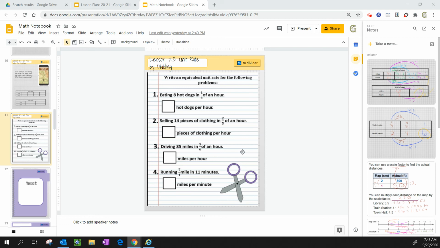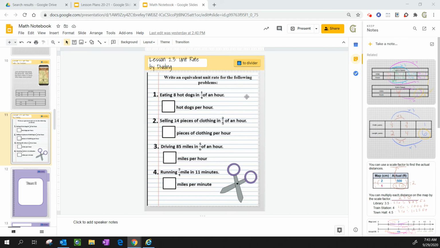Now, when you divide, the key thing you have to be careful of is the labels. When you know what you want your label to be, you have to divide the numbers in the right order. For example, in the first one, when it's talking about eating 8 hot dogs in a quarter of an hour, when we find a unit rate, do we want to know how many hot dogs per hour, like it says right here?